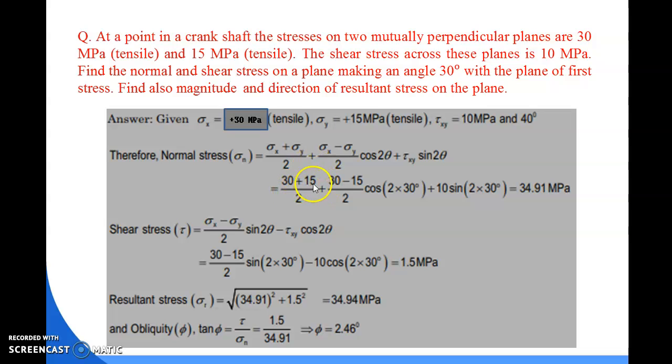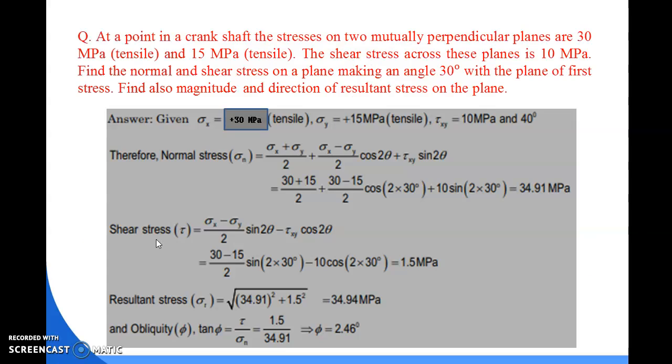So (30 plus 15) divided by 2, plus (30 minus 15) divided by 2 cos 2 into 30 degree, plus tau xy, which equals 10 MPa, times sin 2 into 30 degree. By calculating, we got the value 34.91 megapascal.